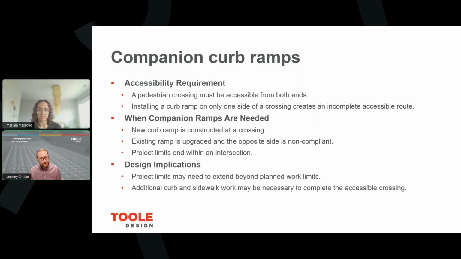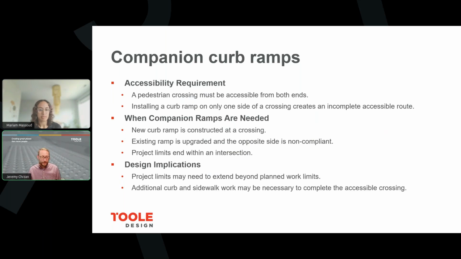And so if we're installing a curb ramp on one side and can get into the street, that means that we need to have that companion ramp on the receiving side. So with new curb ramps being constructed at a crossing, we need to evaluate both sides of that crossing and ensure that both of those locations will be compliant. If they're not compliant in the existing condition, then that triggers the need for those upgrades.